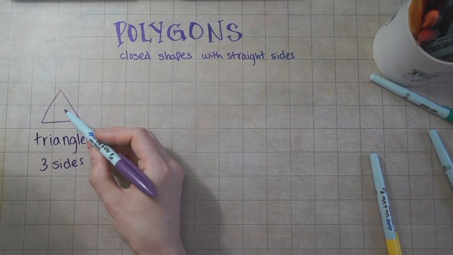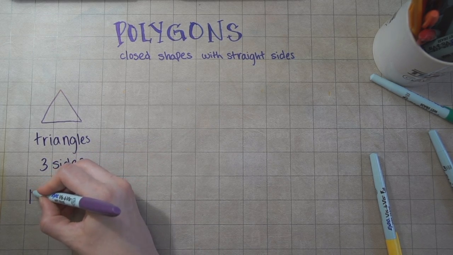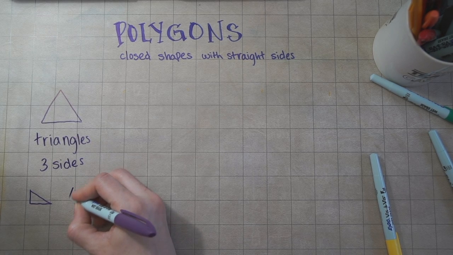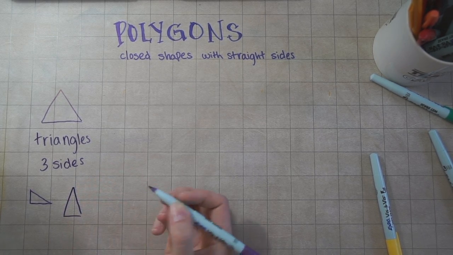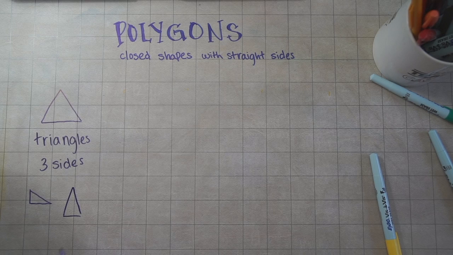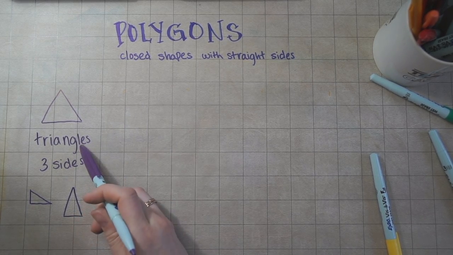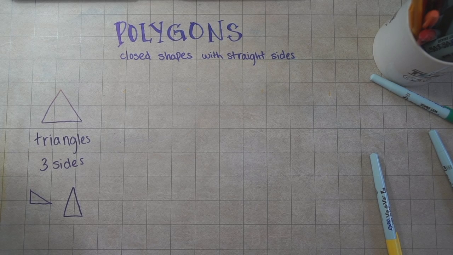They don't all have to look like this triangle. You've seen lots of different triangles. There's some that have right angles, there's some that are tall and pointy, but they're all still triangles because they have three sides and they are closed shapes, and they have straight sides. Triangles are a particular type of polygon.